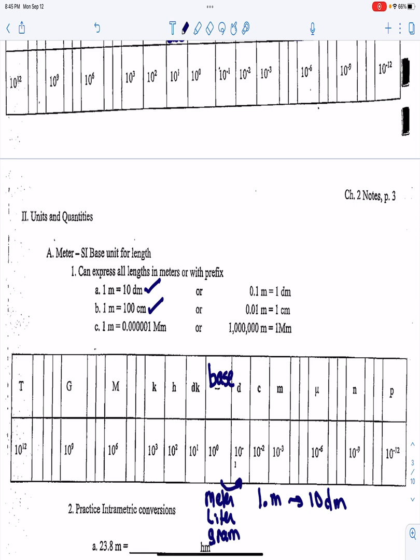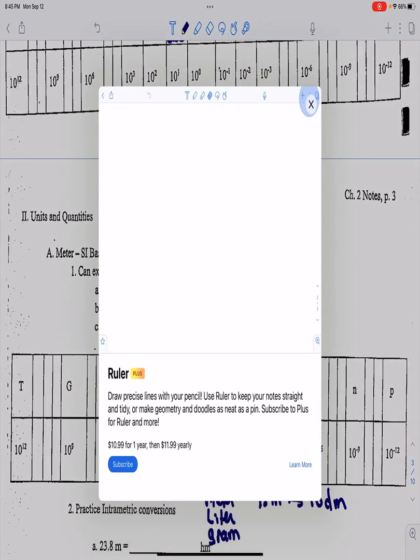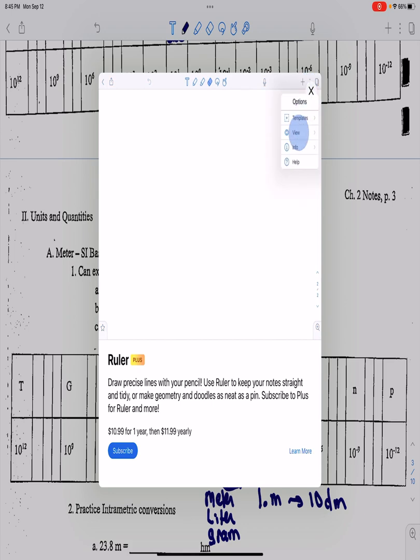If I have 1 meter and I want to go to a megameter, now I'm moving to the left. So I'm going to take my number 1 and move 6 places to the left.